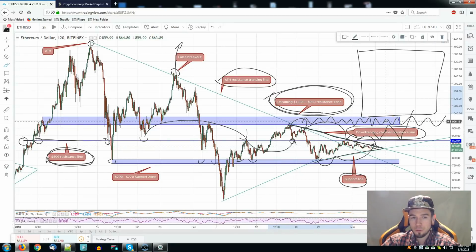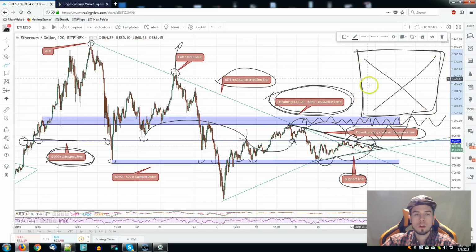As soon as we break out of that, what's happening next? It's just going to be a question of time until we're at the all-time high level once again. That's what the market needs to be in this area. As soon as Ethereum is there, the market is going to be way above 600 billion total market cap, which is like 150 billion from now, and that's not really a big deal.